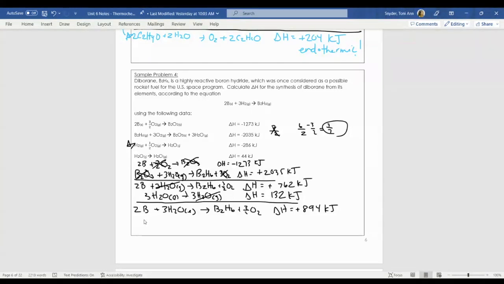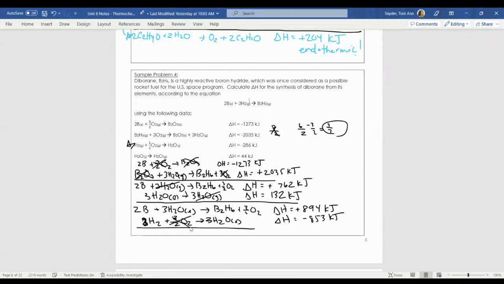So I have to multiply my coefficients by 3 again. That should be 3H2 plus 3 over 2 O2 yields 3 H2O liquid. That means my delta H for this reaction would be negative 286 times 3, which gives me negative 853 kilojoules. Let's do a little cancellation.